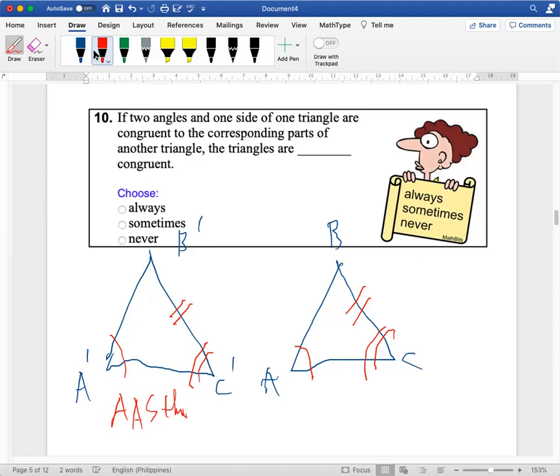And another case that can be considered is this. What if this corresponding congruent side happens to be here? So that's angle, side, angle. Are they still congruent? Yes, for what reason? That's the angle, side, angle postulate.